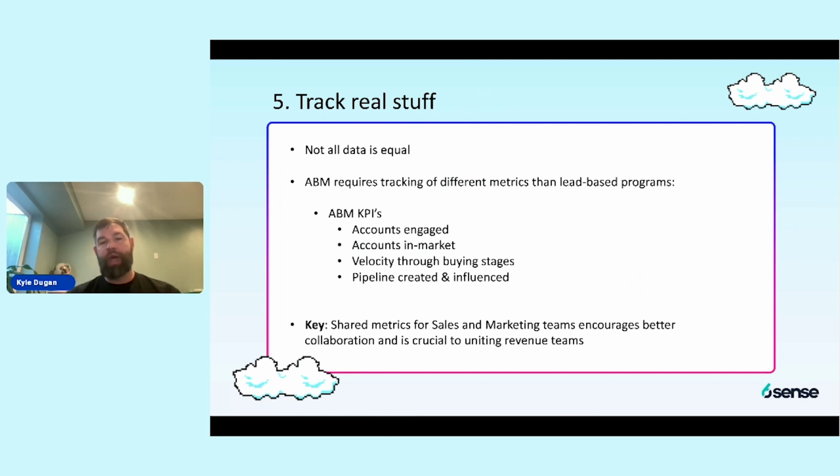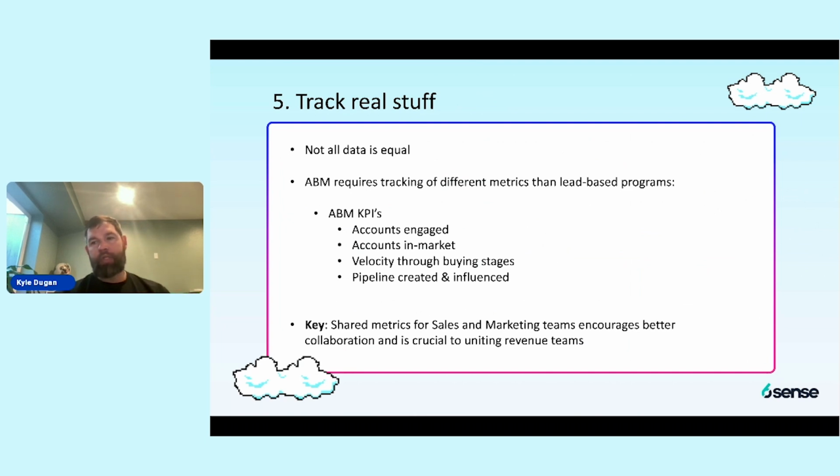And then this also goes back to collaborating with sales. And that's going to be having the same metrics, having metrics that everyone can look at and track and use as their North Star. That's going to help keep people really focused and really together on what goals they're going for. And that's going to help with that collaboration. And that's going to help kind of pull those teams together. That's kind of also a tough one.